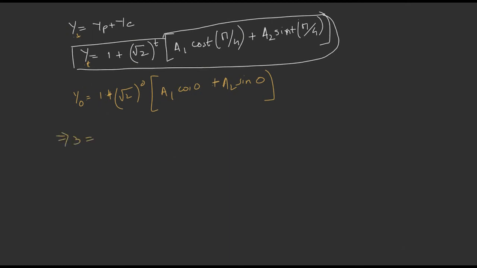3 equals 1 plus root 2 to the power 0, which equals 1, into a1 cos 0, which is 1, and sin 0 is 0. So a1.